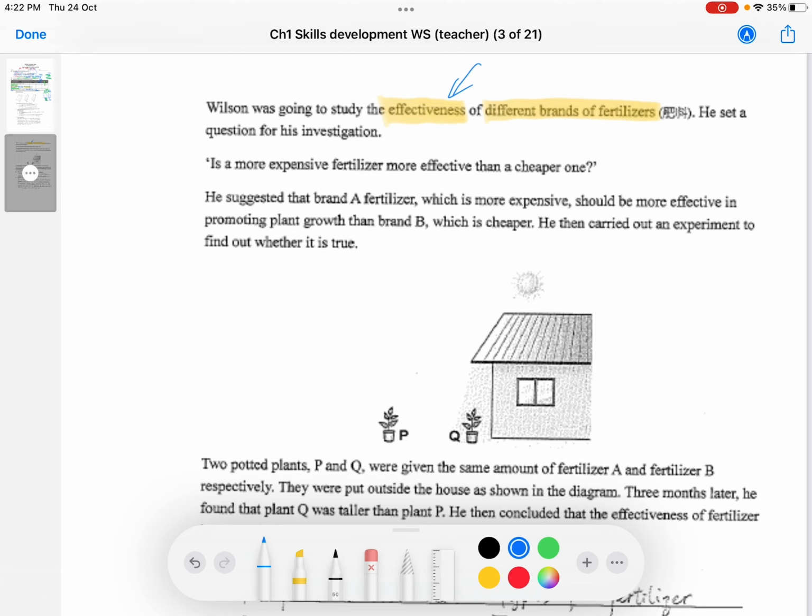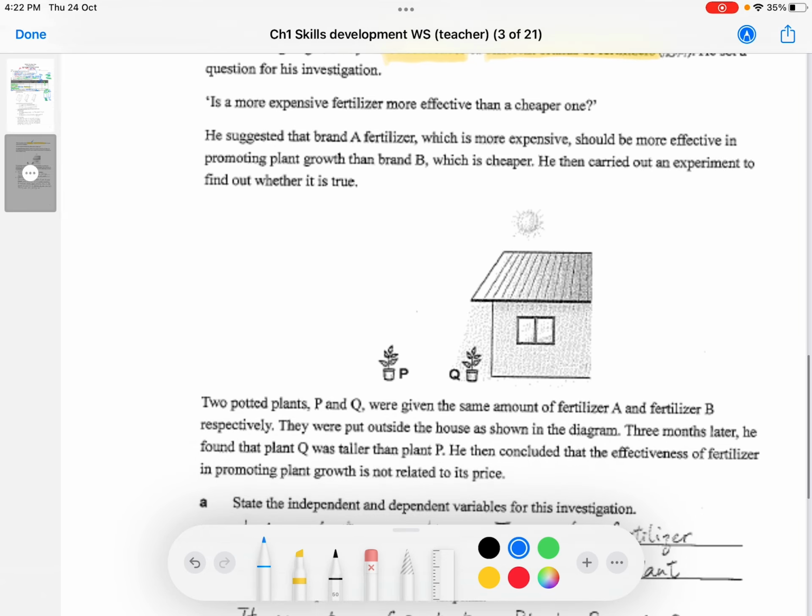Okay, this is what he would like to study. Okay, 邊個跑得快啲？Who run faster？邊種肥料有效啲？Which brands of fertilizer is more effective? Okay, and here is the transcripted sentence. Oh, and then next, just read the information below.